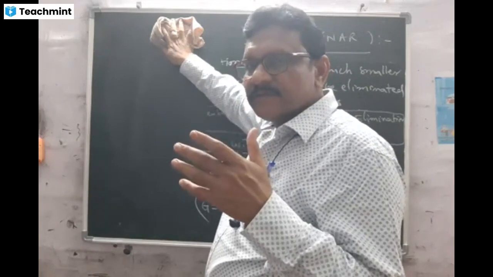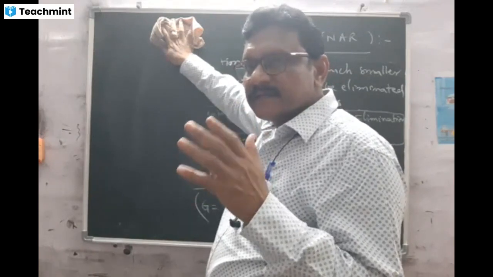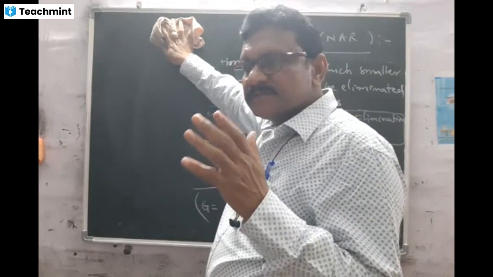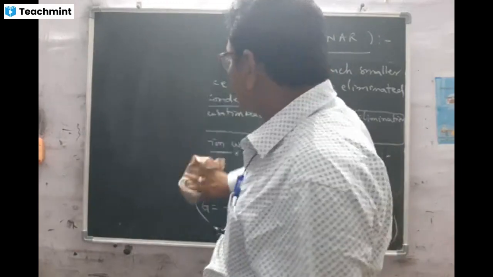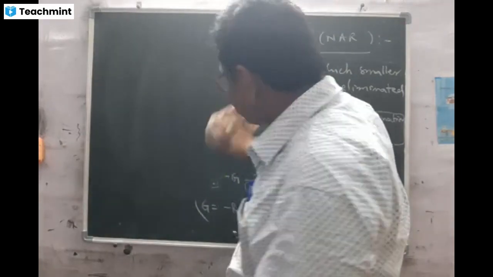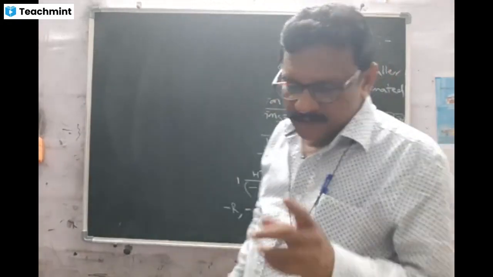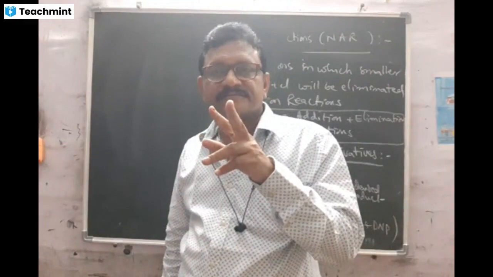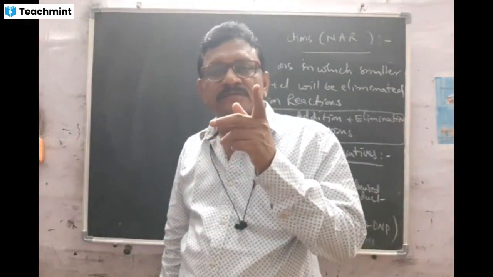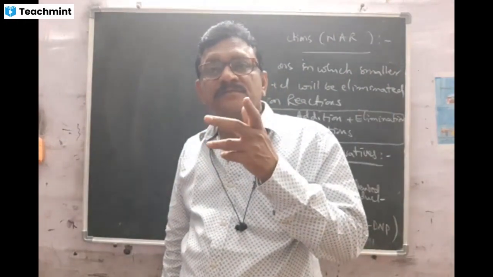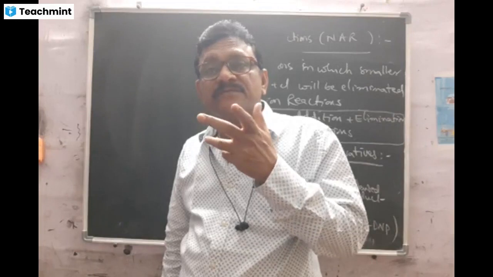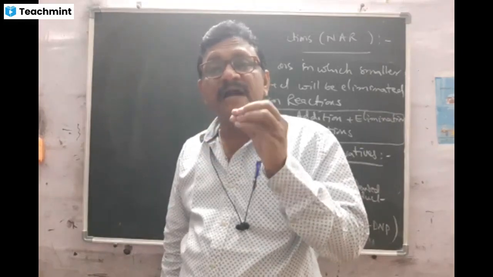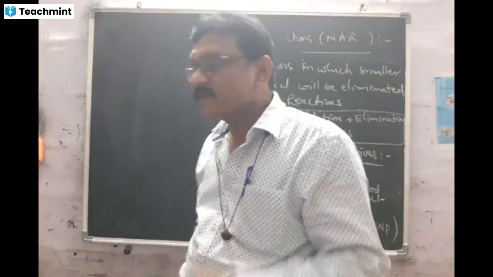You can calculate number of electrons, protons, neutrons in neutral atom. Today I want to explain the difference between neutral atom and charged atom. So I want to clear you what is the atom and what is the ion.